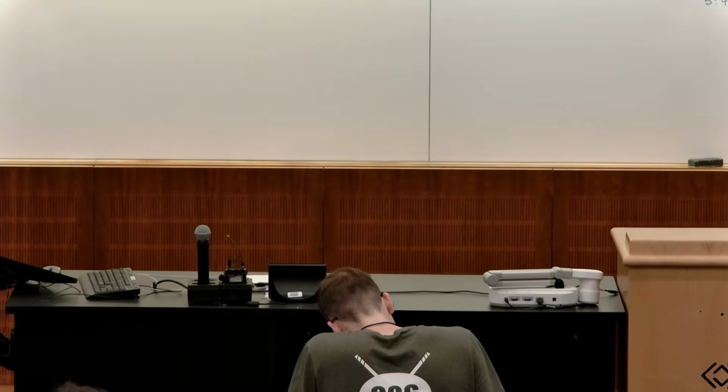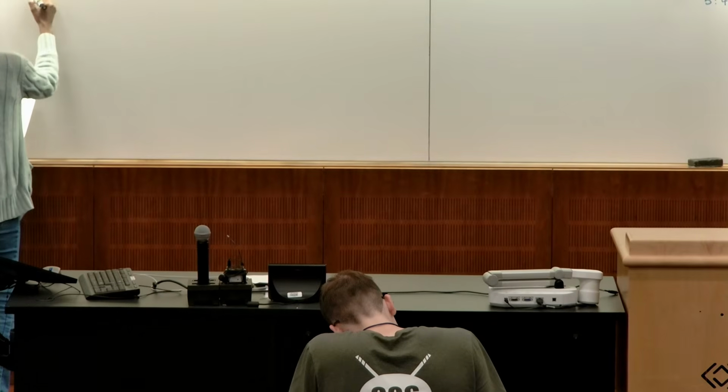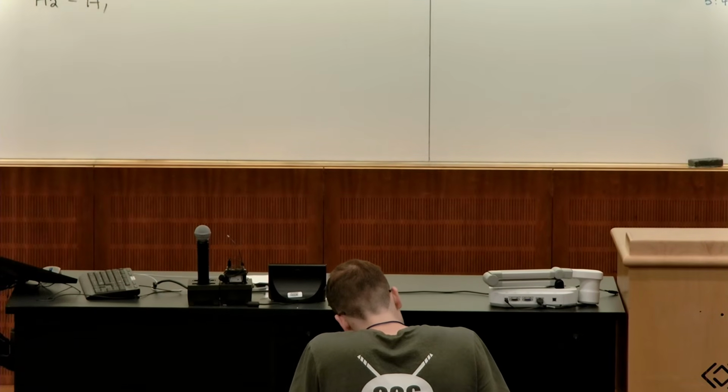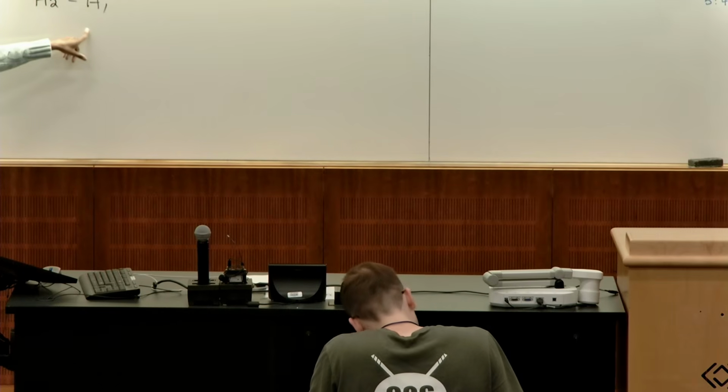Here's where the inclusion reversing bit comes in. F1 is the smaller field of the two. It corresponds to the larger subgroup. Okay, so F1 is the smaller subfield, but H1 is the larger subgroup.